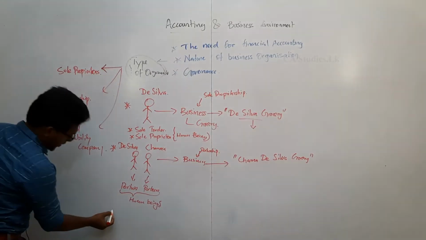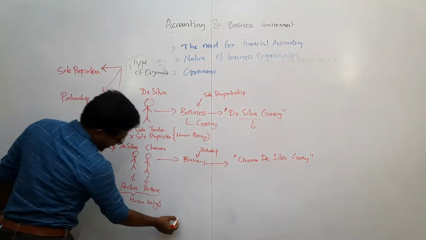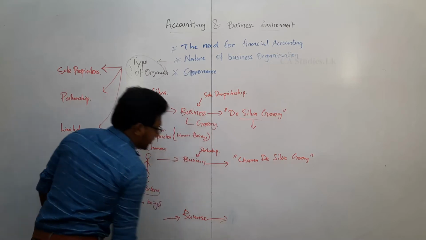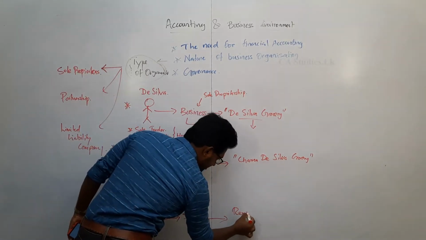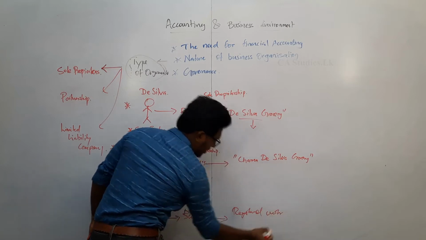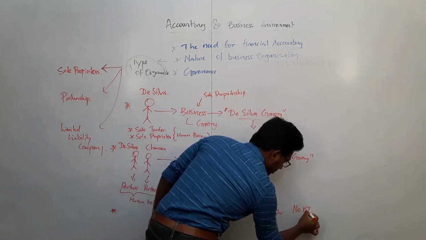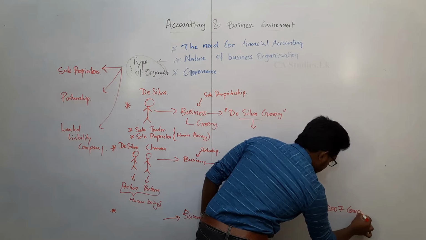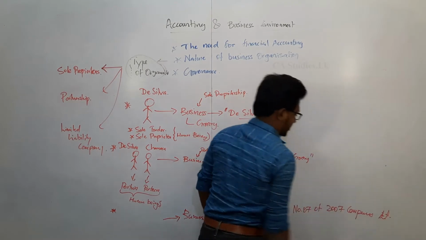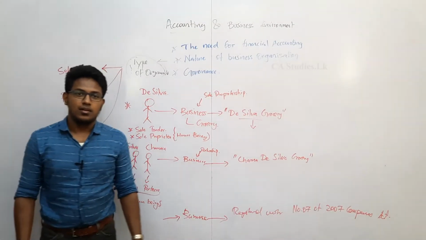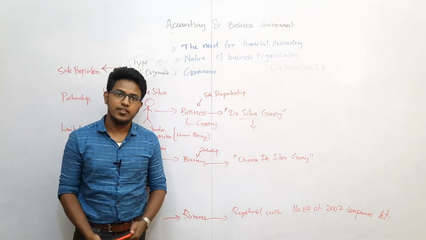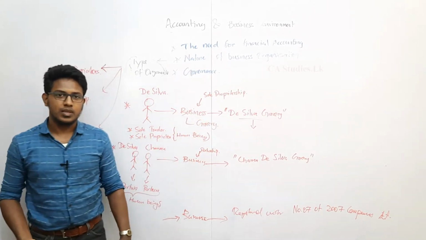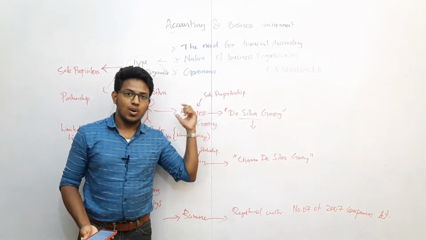Say any organization, which can also be a business, registered under number 7 of 2007, the Companies Act, is called a company. That is the easiest definition for a company. The definition for sole proprietorship is a business owned by one person.